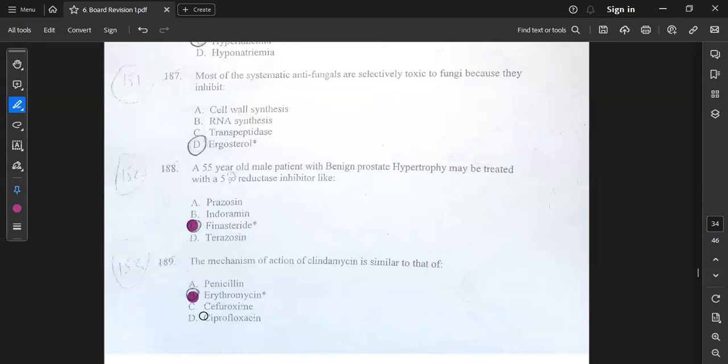Alpha blockers. Yes. And for indoramin, it's also an alpha blocker. And we can do an overview of BPH. Anybody that can take us through that, please?